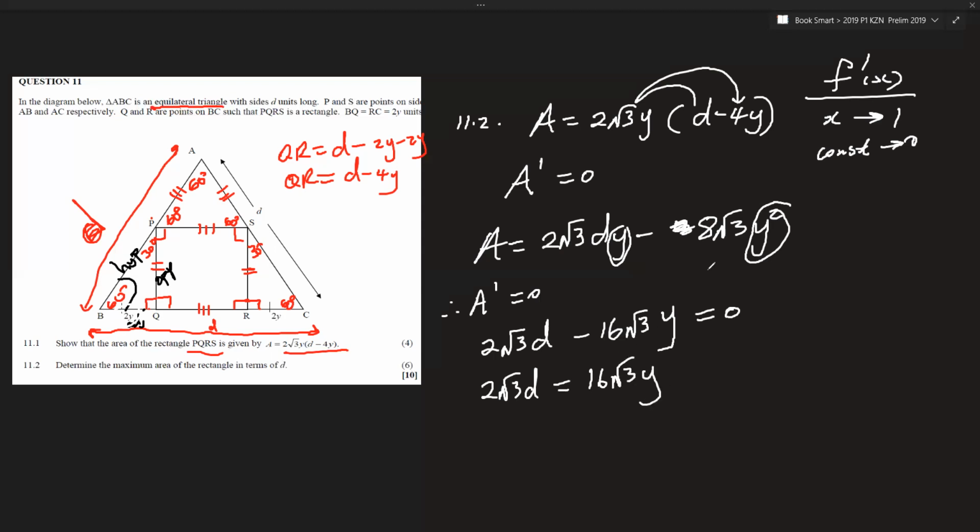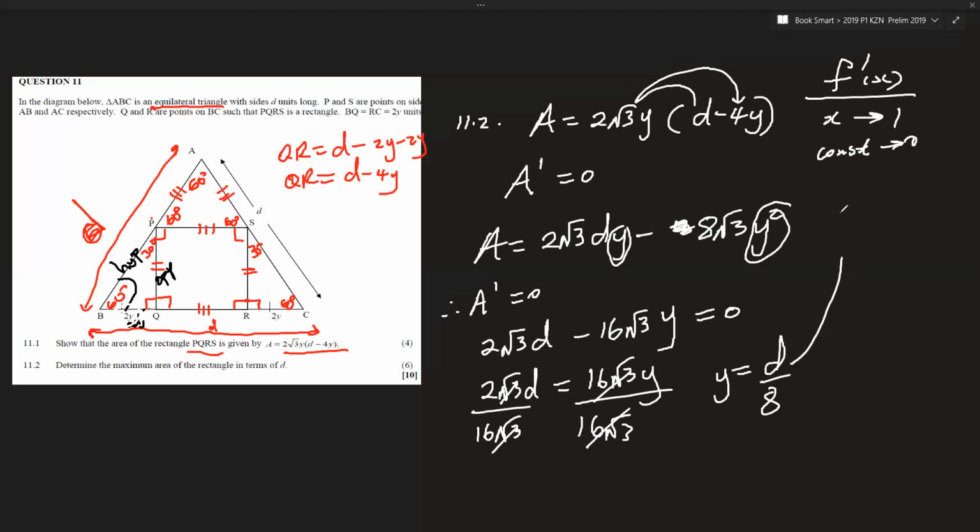I move this to the other side, then I'm dividing both sides by 16 root 3. Then this cancels that, and this cancels that. So for this side, I'm left with y. Then for that side, I'm left with d over 8, because this will simplify to 1 over 8. So I have y equals d over 8.